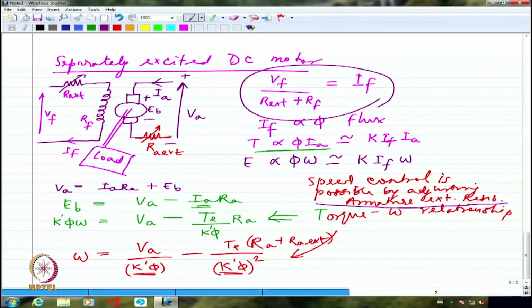Incidentally, some of the motors may not have separate excitation. Instead, they may have a permanent magnet inside. That is as good as a separately excited DC motor, but with constant excitation.